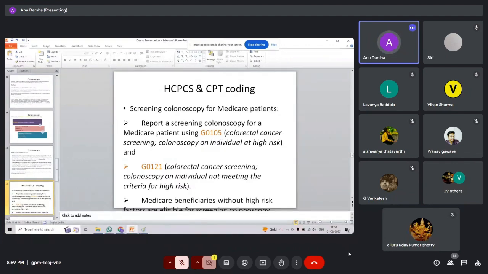If the patient has any personal history of either colorectal cancer or adenomatous colon polyps, or any family history of adenomatous colon polyps or colorectal cancers, if any of these four are yes, then you have to go with G0105, again for a Medicare payer. G codes are applicable only for Medicare payers for screening colonoscopy.